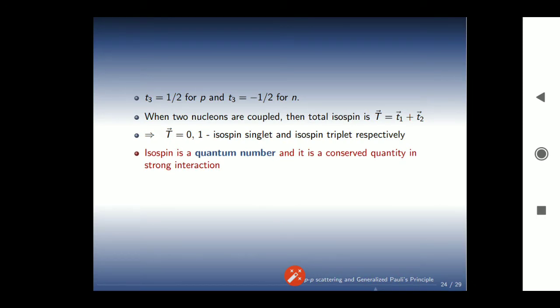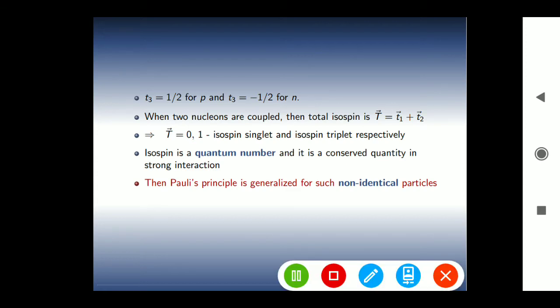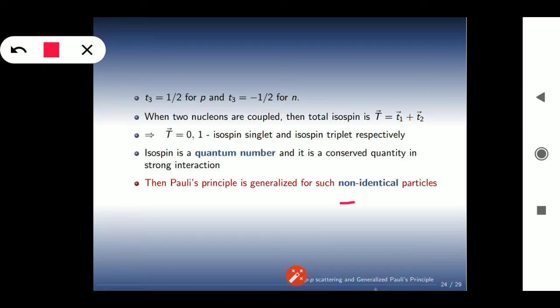This isospin is a quantum number and it is a conserved quantity in strong reactions at least. Then with the inclusion of this isospin, Pauli's principle can be generalized for such non-identical particles. Remember, this generalized Pauli principle is applicable for non-identical particles.